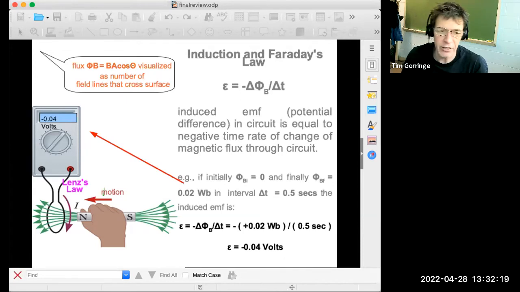Now, you might have changed it because you stuck a magnet in it, or you pulled a magnet out, or you might have changed it because you switched some solenoid on, or you switched some solenoid off. However you change the magnetic flux through that loop of wire, you get an induced current, an induced EMF that is in proportion to the rate of change of that magnetic flux. And that's Faraday's law.